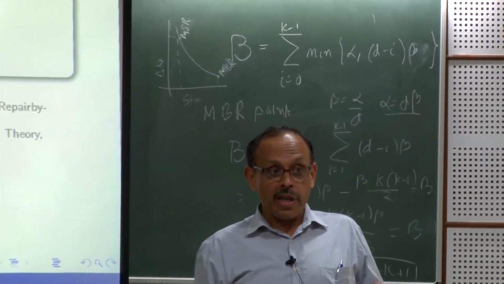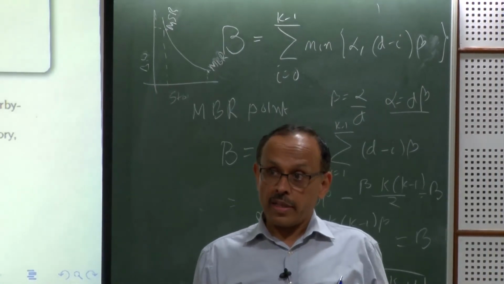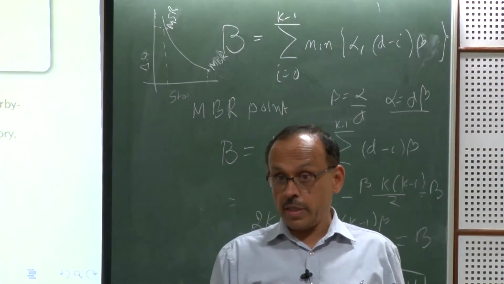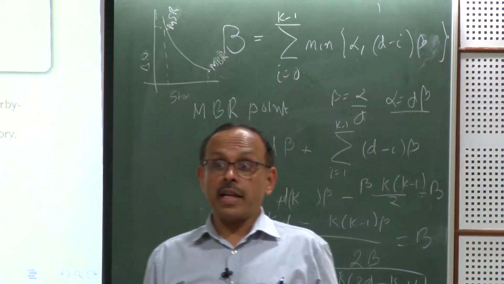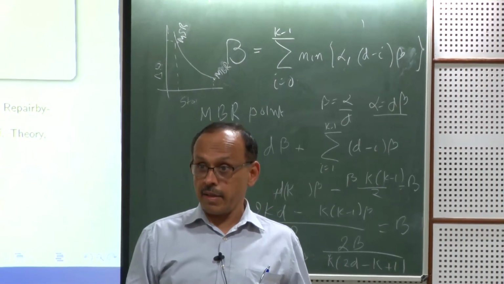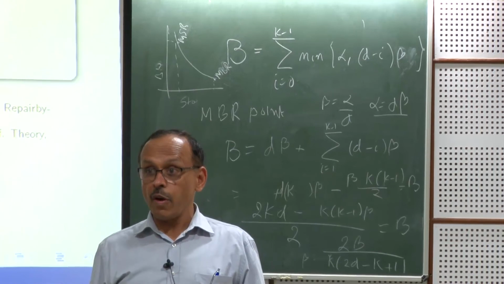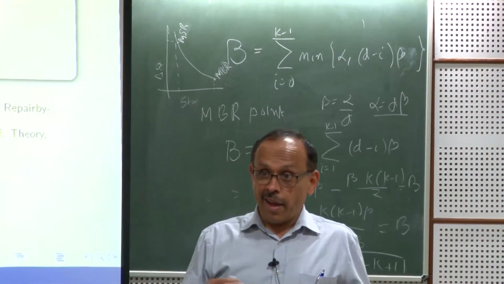All those results were discussed, and it's quite involved. You need a bit more time to go through it, but with just the lecture you had from Adrish on information theory, and using just the basic definition of regenerating codes, you should be able to appreciate the results.